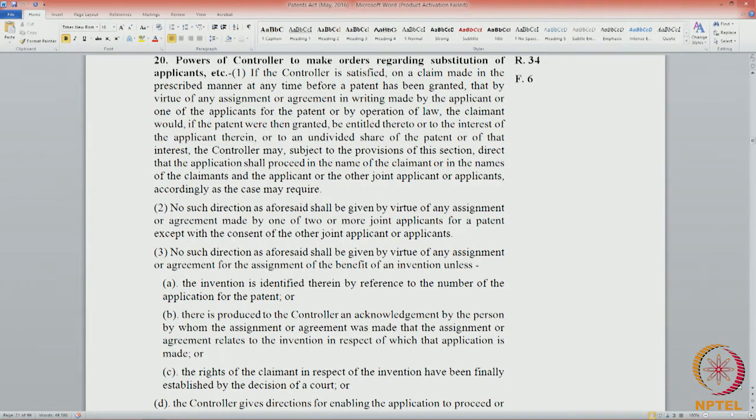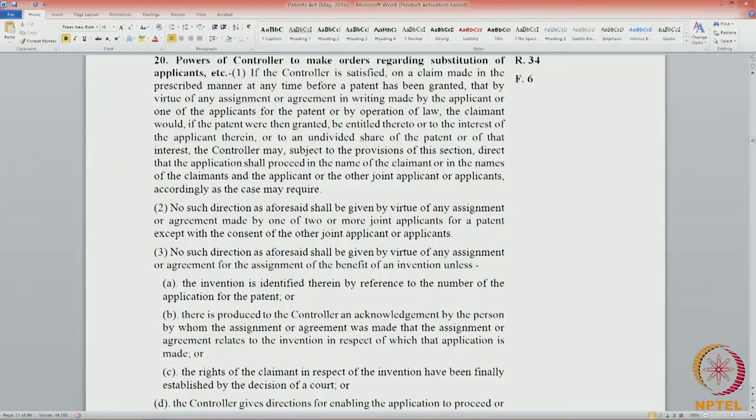We will see what subsection 5 is, but in 23 we say that it puts the requirements for the controller to pass a direction. Before passing a direction saying that somebody is a claimant, there are certain requirements. The first requirement: no such direction shall be given by virtue of an assignment or an agreement for the assignment of a benefit in an invention.